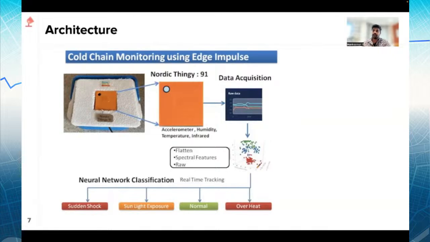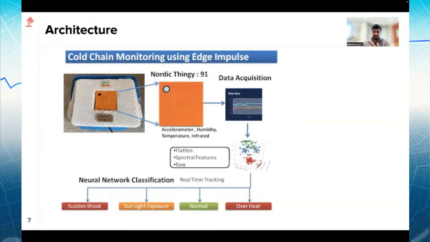The entire algorithm will be in the microcontroller. It will detect the incident in real time and predict what kind of result it is, and then the result alone can be communicated to the user or any platform. So a large amount of processing is not going to happen in the cloud. All the detection is going to happen in the same microcontroller.